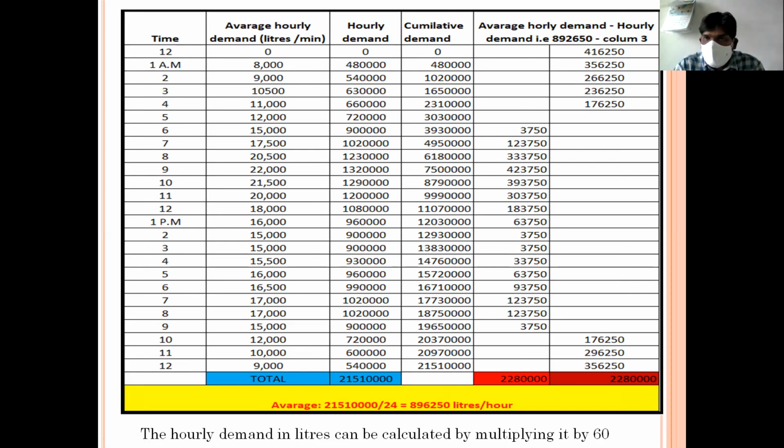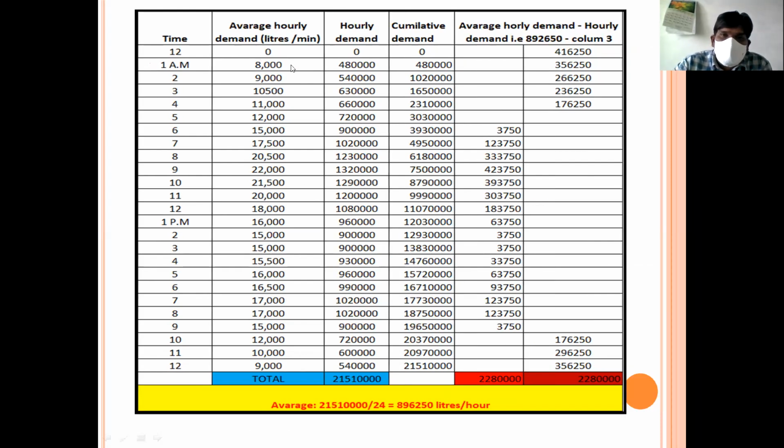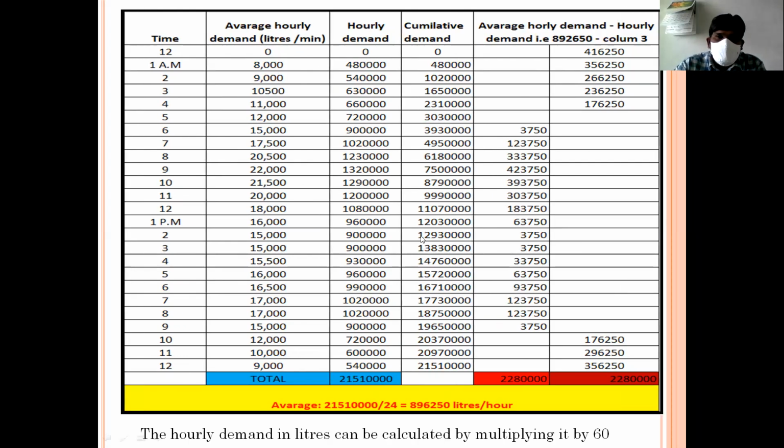We must adopt certain empirical formulas without going into how they come. So 8,000 into 60 gives 4,80,000 liters hourly demand. Average hourly demand is in liters per minute; hourly demand is 4,80,000.